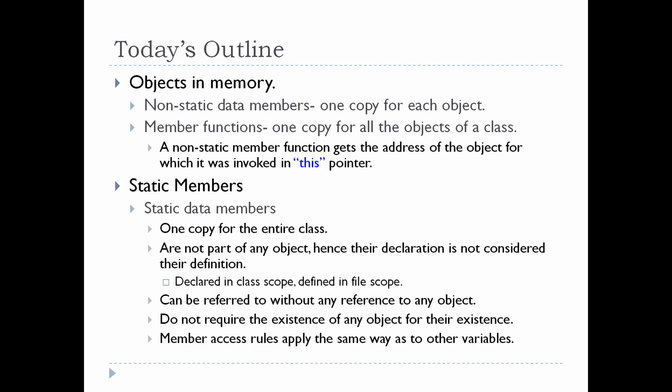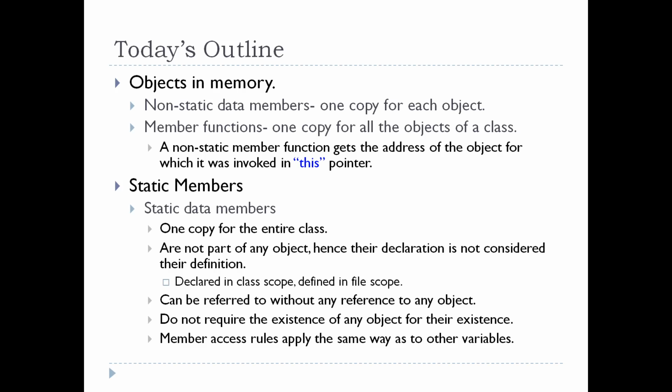The first thing that we want to talk about is how objects are basically allocated memory. Classes and objects, as we have studied so far, are basically an encapsulation of two things. One is the data members or attributes, the other is the member functions or the behavior of the class.